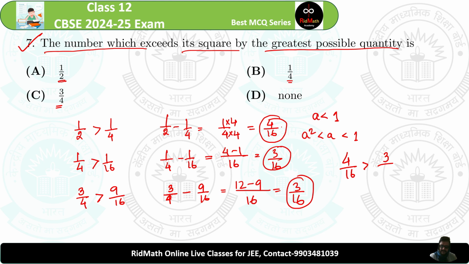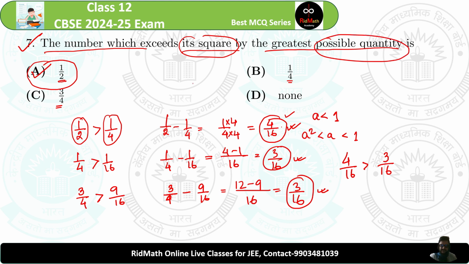So this quantity, 4 by 16, is the greatest among these 3. So that means half is the answer. So half is the number which exceeds its square by the greatest possible quantity among these 3 numbers. Okay, I hope you understand.